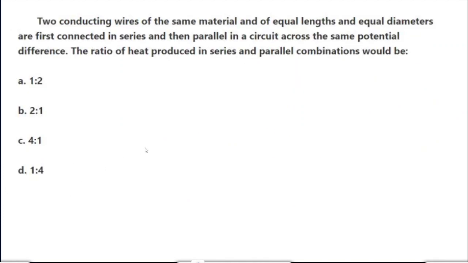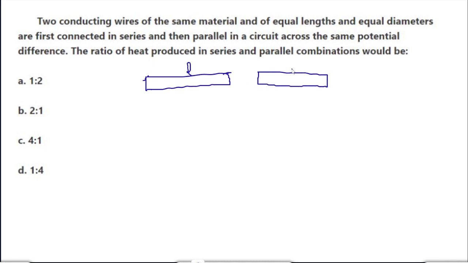And we have one more question: two conducting wires of the same material and of equal lengths and equal diameters are first connected in series. Let me read the sentence again. Two conducting wires of the same material and equal lengths and equal diameters. I am considering this as one wire, and with the same length one more wire.